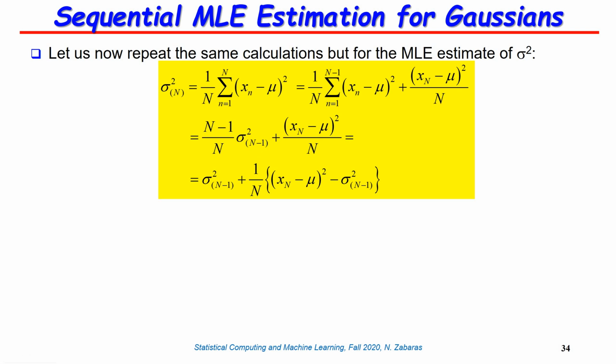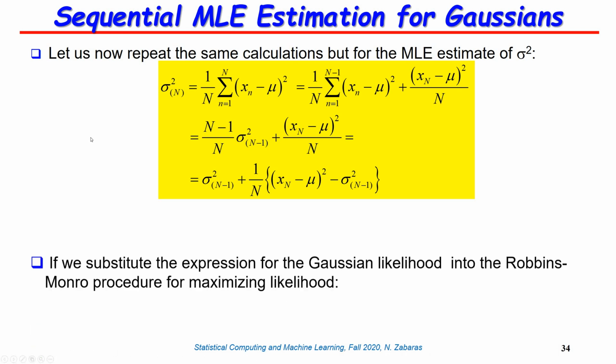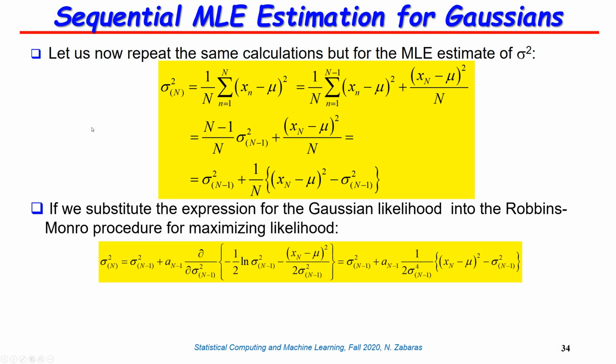So how are you going to use Robbins-Monro? You remember you need to use as your regression function minus the gradient, in this case with respect to sigma square, of the log likelihood. So what you have to do is write down the negative log likelihood and take the gradient of that.